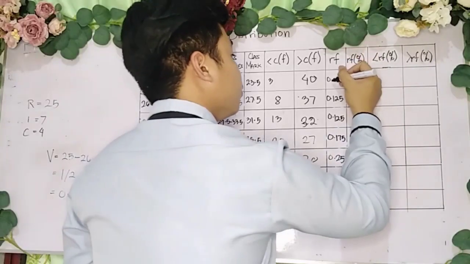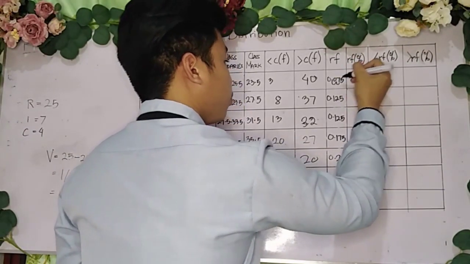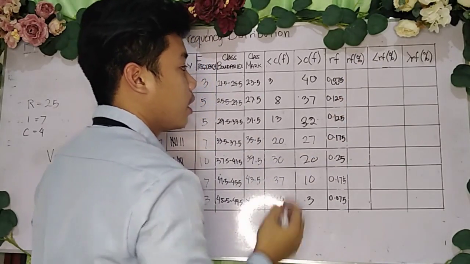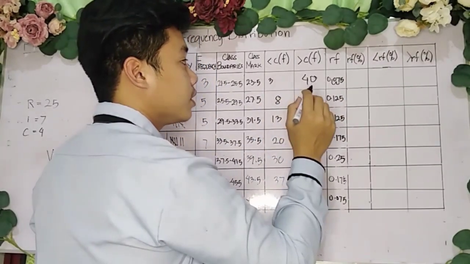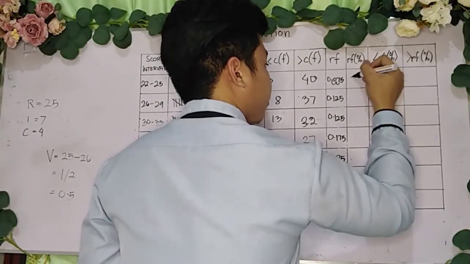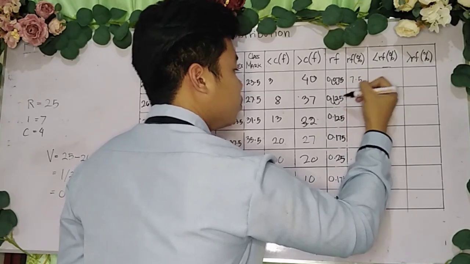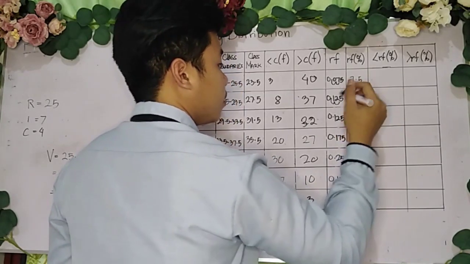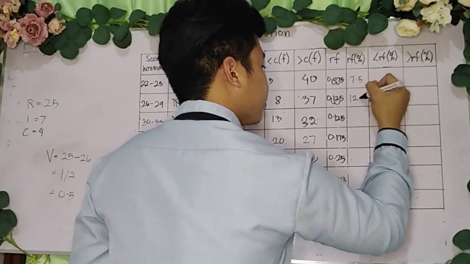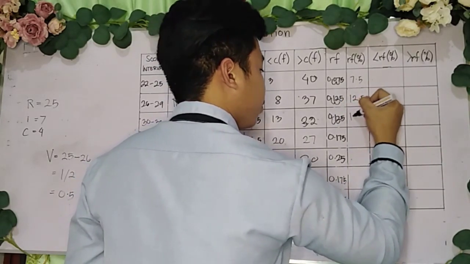So, in solving the relative frequency percentage, we just simply move two decimal places from our relative frequency. So, just move two decimal places, 1, 2, put the point there. So, our relative frequency percentage is 7.5. Next, 1, 2, so 12.5. The next, also 12.5.